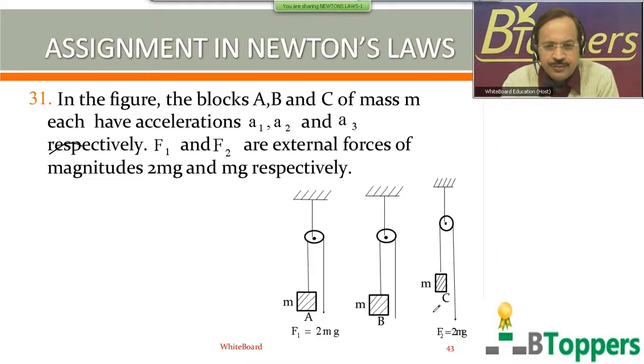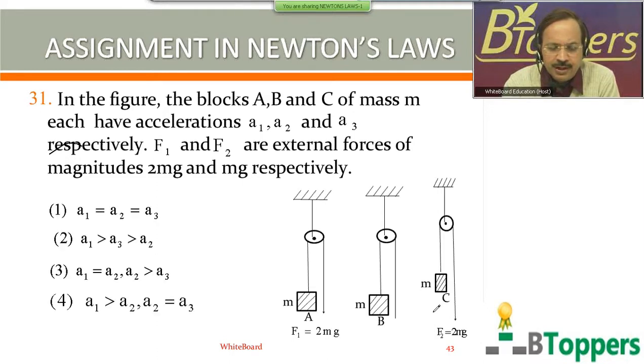See the next question, question number 31. In the figure, the blocks A, B and C of mass m each have accelerations A1, A2 and A3 respectively. F1 and F2 are external forces of magnitude 2 mg and mg respectively. So you have to find the comparison.